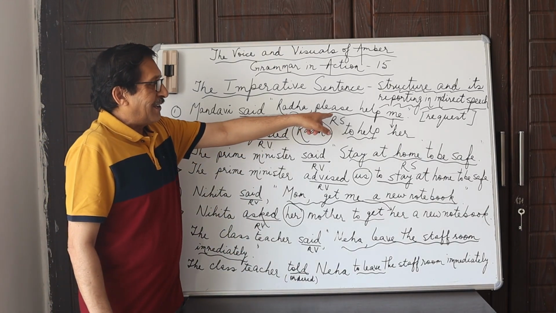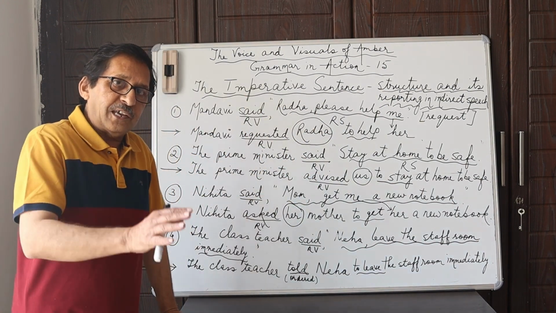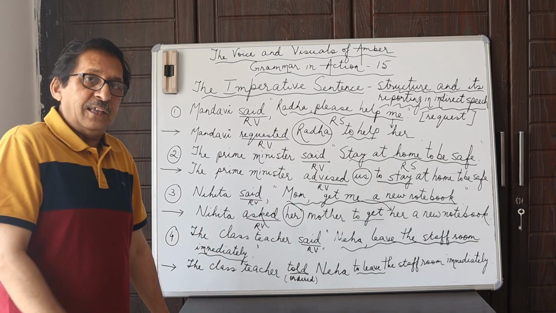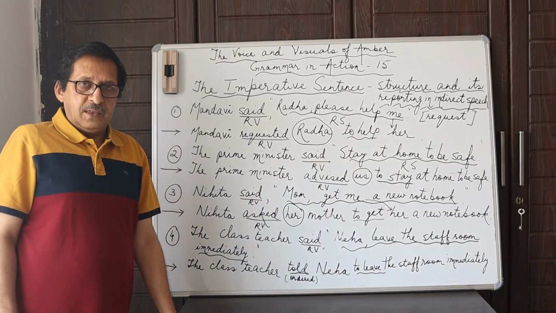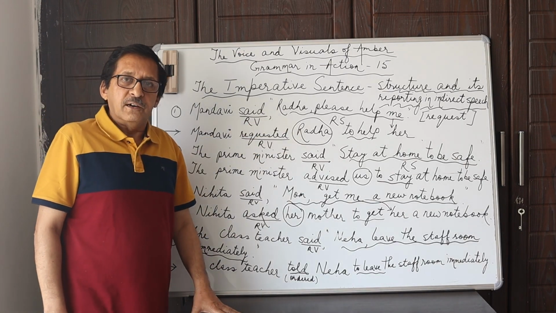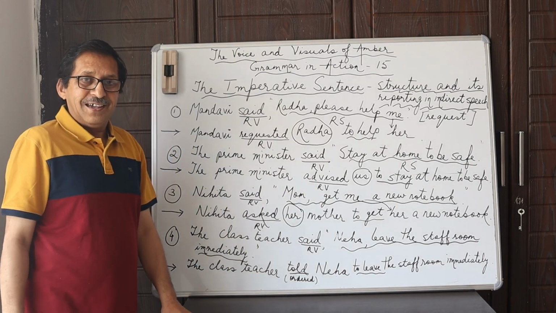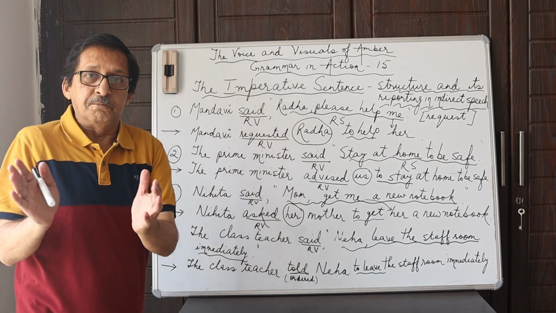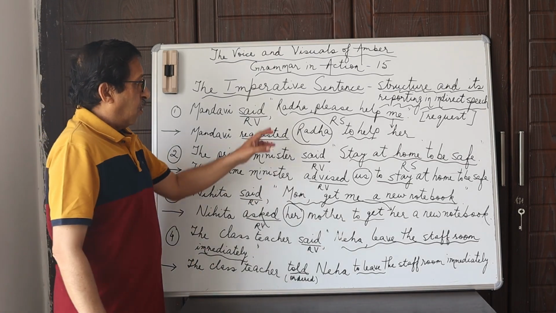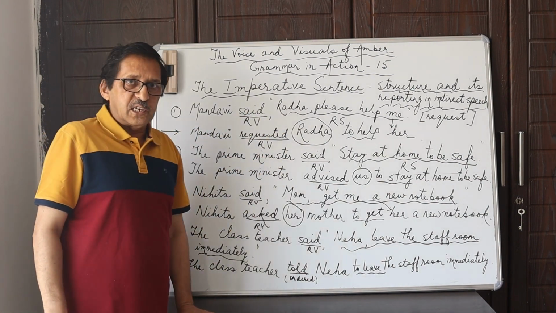One, in the exact words of the speaker, so that is called direct speech, and the second one is the indirect speech, which we actually use more often because it's only while writing, or especially writing a conversation or a dialogue or a play, or certain portions of a story or a novel or an article where we use the exact words of the speaker, that we use the direct speech.